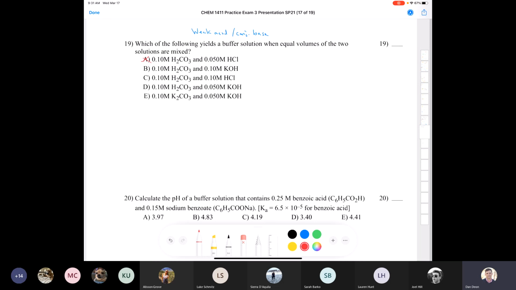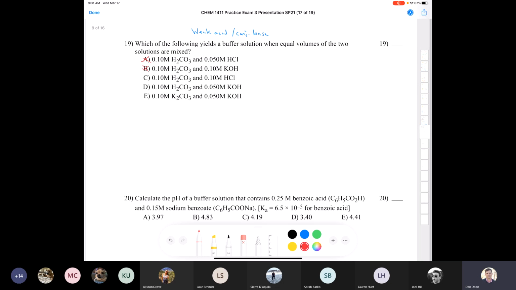The next one is that we're mixing carbonic acid with potassium hydroxide, but we have equal volumes with the same concentration. If you were to combine carbonic acid with an equal volume of potassium hydroxide, you're going to end up neutralizing all of that acid.